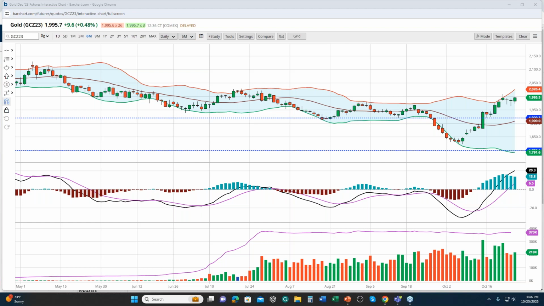I think when I answer your question about interpreting this distance or the histogram, the difference between our fast line and our signal line, it's really just the momentum. The momentum of how fast our fast line is moving relative to this lagging, slower signal line.